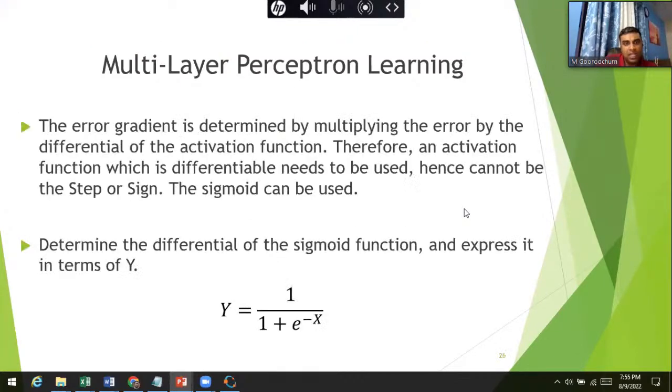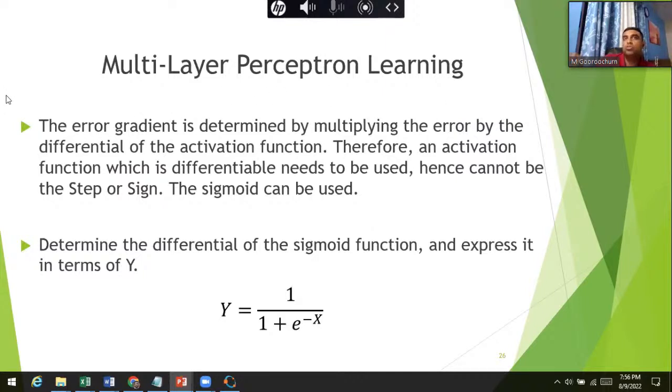If I go back one slide here, just read that line again. The error gradient is determined by multiplying the error by the differential of the activation function. You've just got the differential of the activation function, y into 1 minus y. If you take that multiplied by the error, you will get the error gradient, which you call delta.